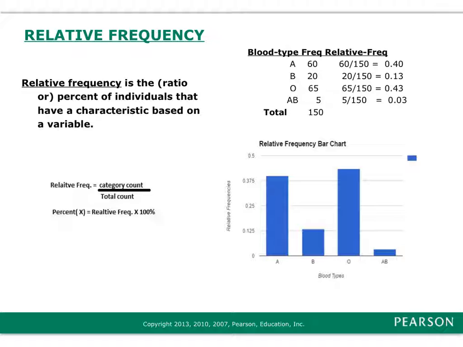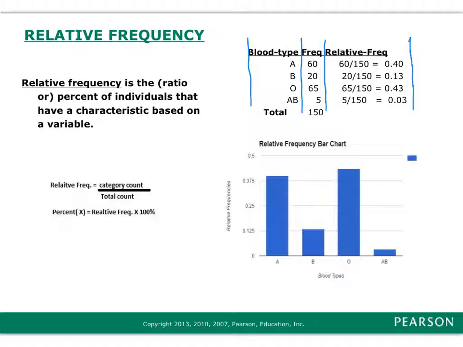So now we can also add one more column onto this particular frequency table, and that's called the relative frequency. So what we do is, here's our frequency column, this is our blood type column, and then we have our relative frequency column. To get the relative frequency, we divide each category's frequency number by the total frequency, which in this case is 150 patients.